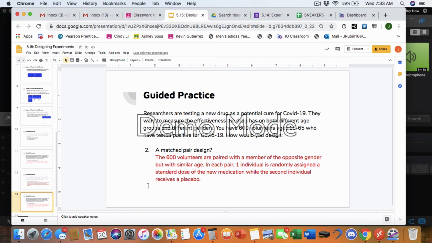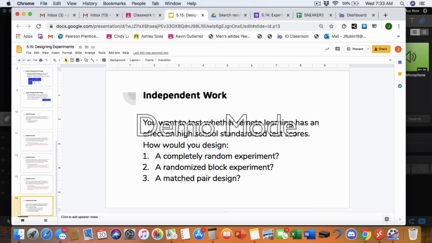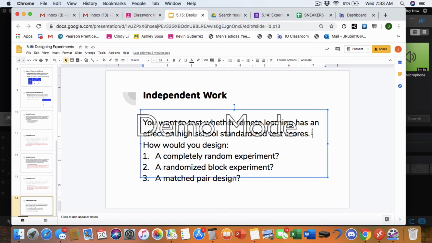That's the big takeaway. So now, for your independent work, you want to test whether remote learning has an effect on high school standardized scores. How would you design this? I'm actually going to add some more information for you guys just so you have a little more to work with.